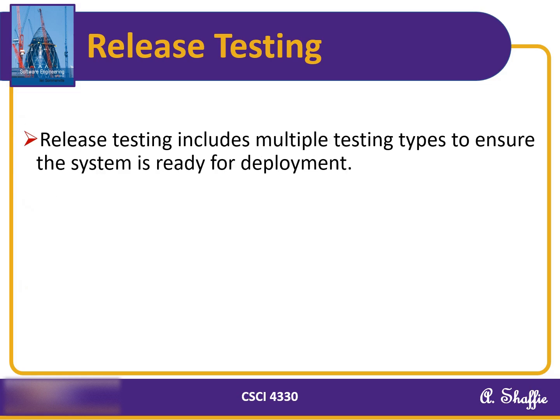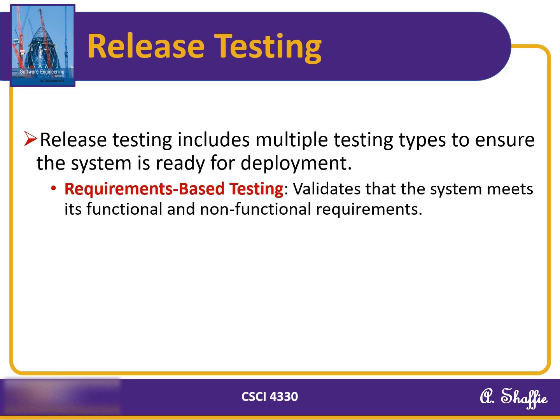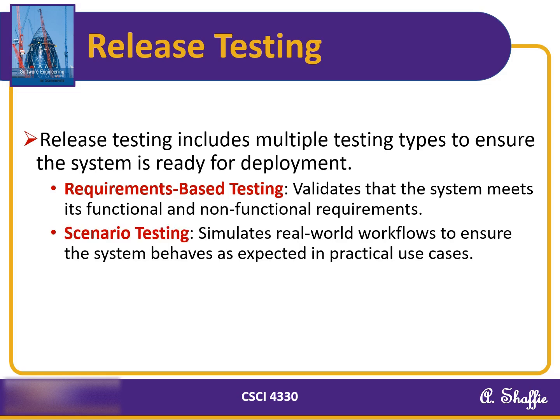Release testing incorporates several types of testing to ensure the system is fully ready for deployment. First, we have requirements-based testing. This testing ensures that the system meets all its requirements. Next is scenario testing. This focuses on real-world workflow to see how the system behaves under typical user scenarios.